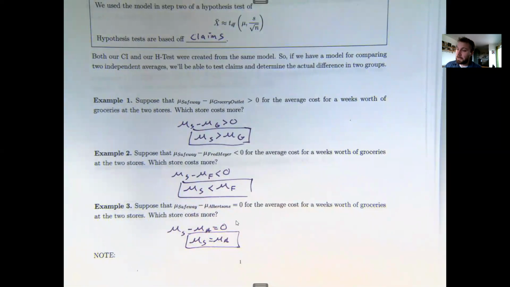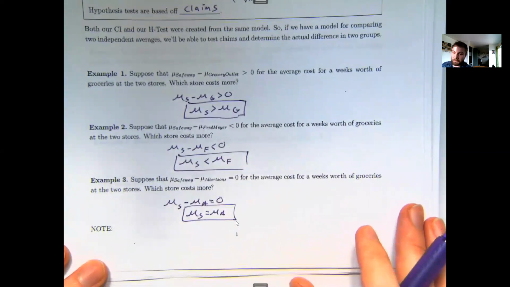So this is exactly the same first page as what was going on for two proportions as far as comparing things to 0.